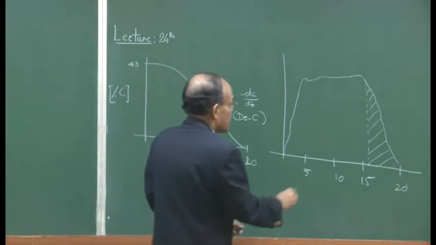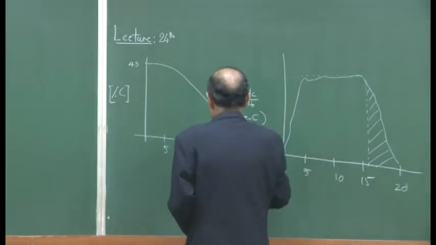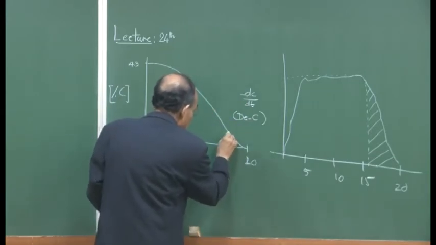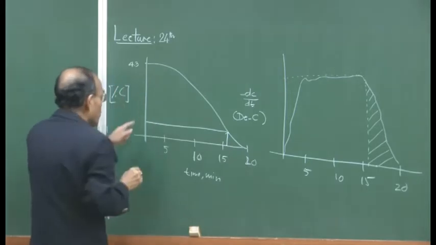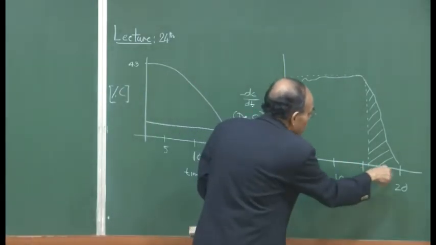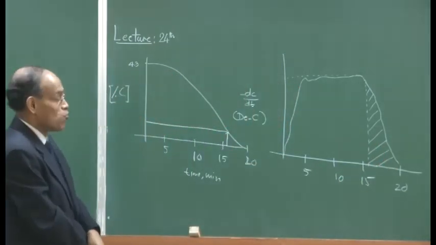So, this is about 17 minutes. If I go from here I get the corresponding carbon content. So, 17 to 20 or 22, whatever is the blowing time, that needs to be controlled.